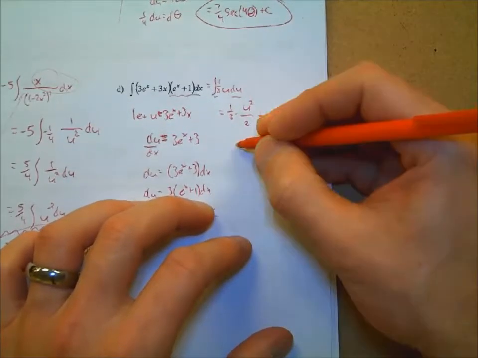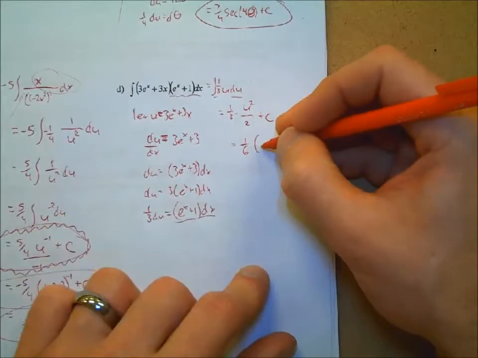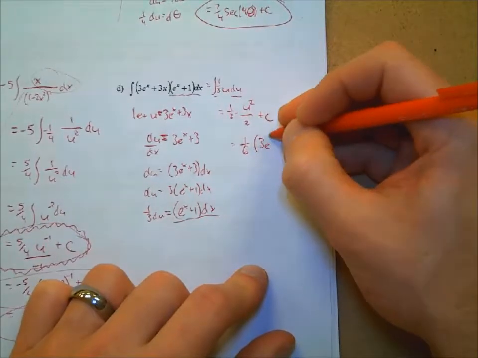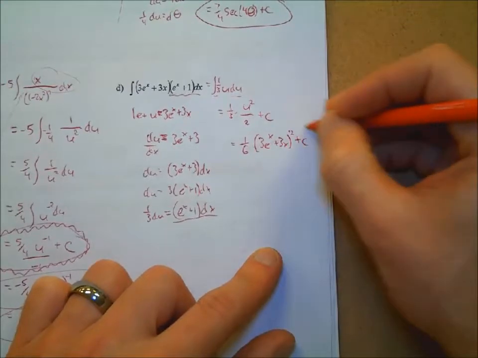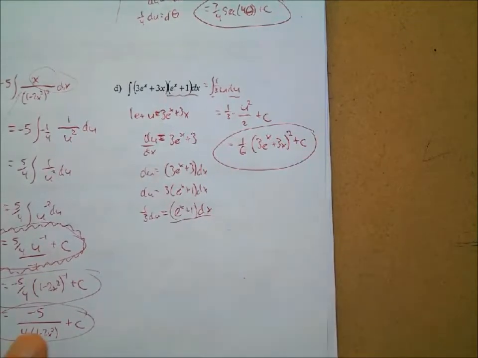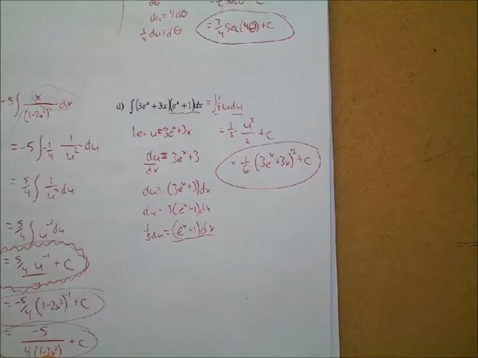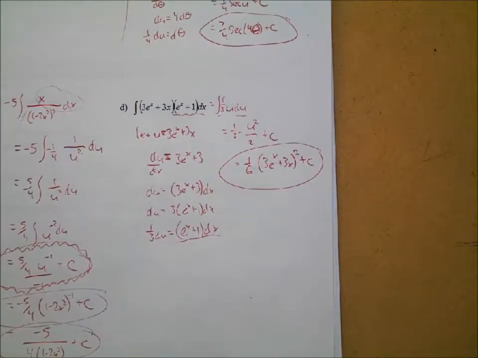So we have 1/6 times (3e to the x plus 3x) squared plus c, re-substituting back for the u's. Questions on any of that?